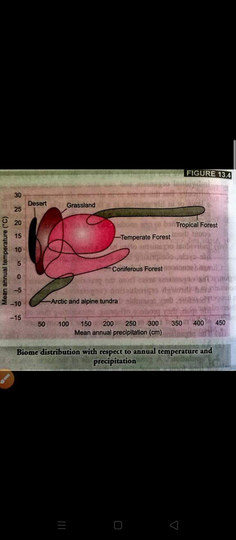Ecosystem and biome: we generally know that living organisms cannot live isolated without non-living environmental factors, because all things are correlated with each other. Living content also depends on non-living content. An ecosystem is a natural self-sufficient unit comprising a biotic community and its abiotic physico-chemical environment.